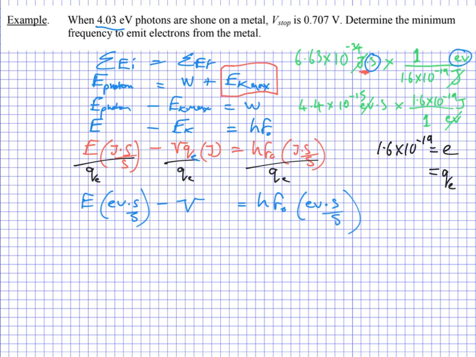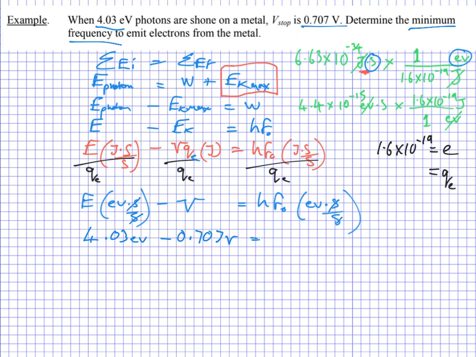Now I can actually use the value given in the question, which is in eVs. I can bring that down. So that's my incident photon energy, 4.03 eV, because of course these seconds cancel out, minus the voltage. Well, that's what I've got here: 0.707 volts is equal to HF naught, which is the work function with the threshold frequency, and it's the threshold frequency I'm trying to find.